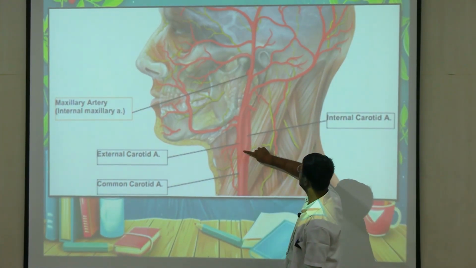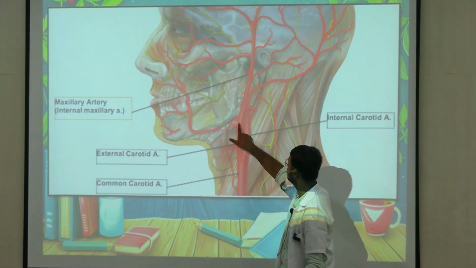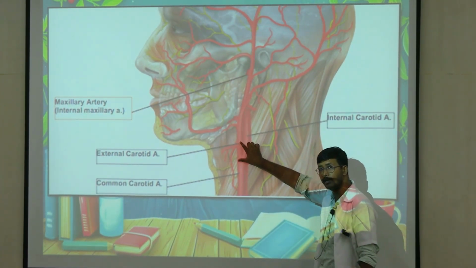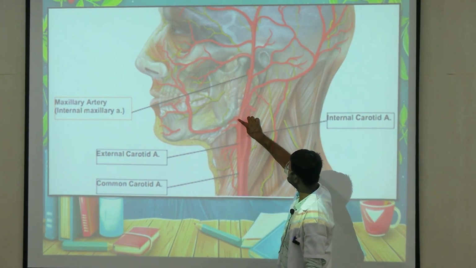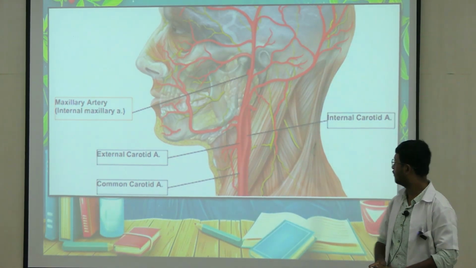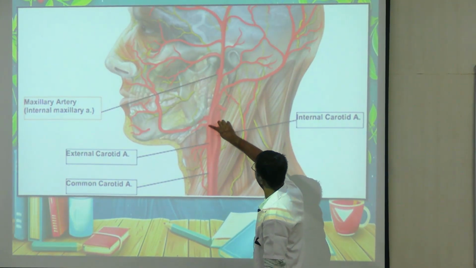Now as it goes upwards, it is still anterior, but it turns lateral. So in the lower part, it is anteromedial to the internal carotid artery, and in the upper part, it is anterolateral. So it forms a curve-like pattern in this way.